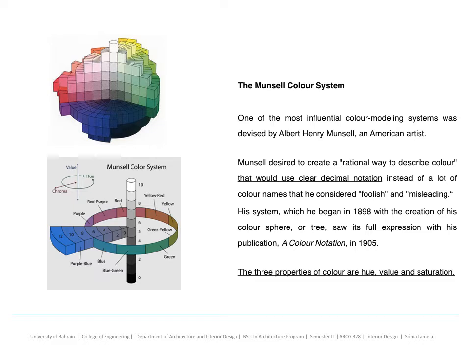And then we have what we call the hue, which is the circle that goes around, that can range through different colors: blue, green, yellow, red. And then you have the chroma, which is the horizontal line that goes perpendicular to the value and passes through a specific hue.